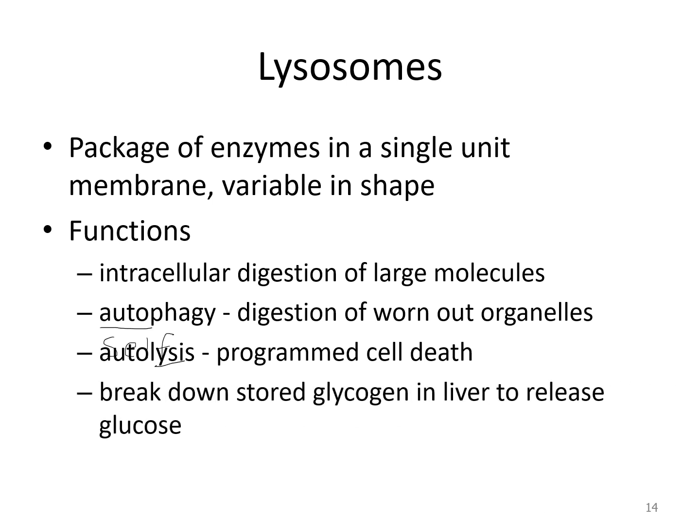So programmed cell death can actually be a natural process in the body. And lysosomes also break down stored glycogen in the liver to release glucose. That's another one of their functions.